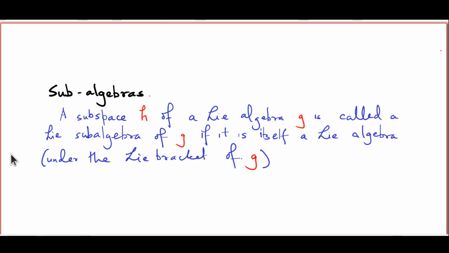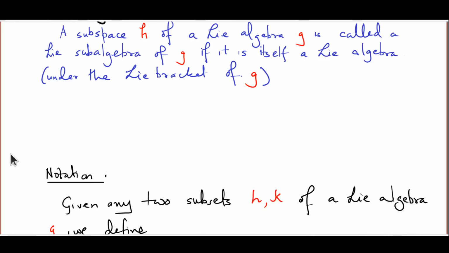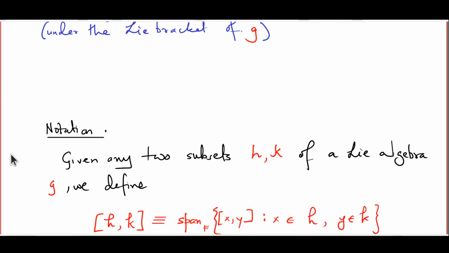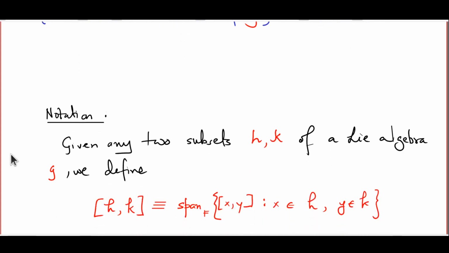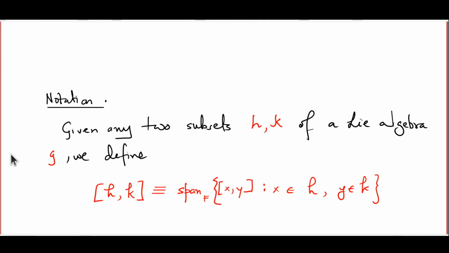In order to discuss subalgebras and related issues, it is actually quite useful to introduce a new notation. And this notation is that of the commutator of two subsets, H and K of a Lie algebra G. Note that here we are making no assumption whatsoever about whether H and K are subalgebras in their own right.